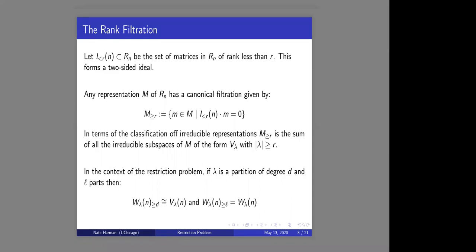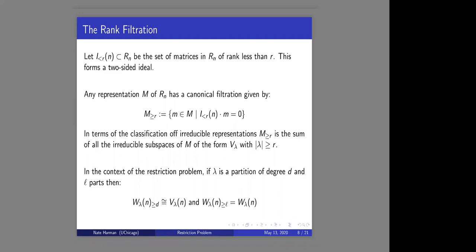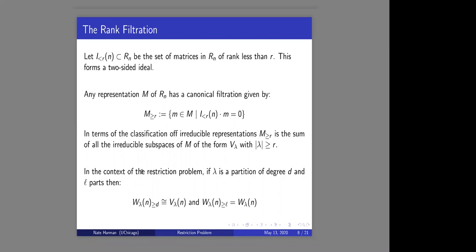Thank you. I will say there's a better filtration that'll show up later in the talk that will refine this one. These isomorphisms are of the Rook monoid, I should say. It's really the restriction of this W lambda n to the Rook monoid.